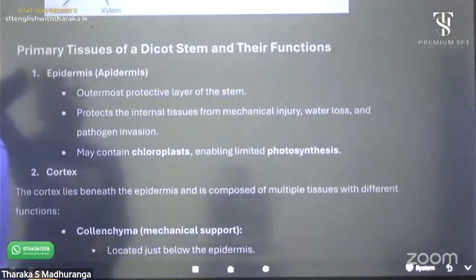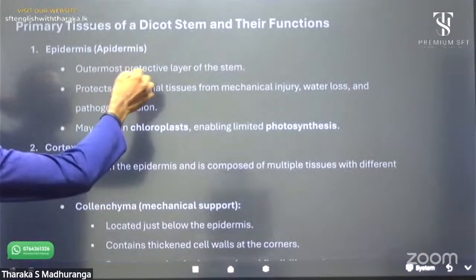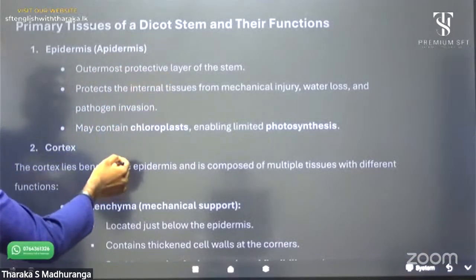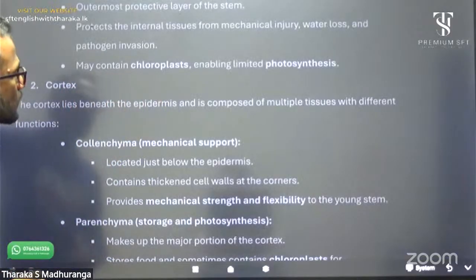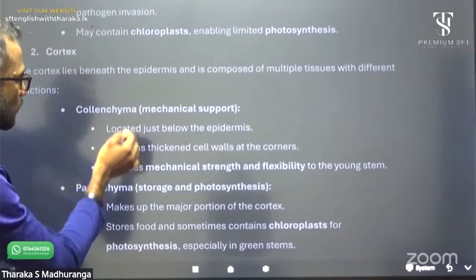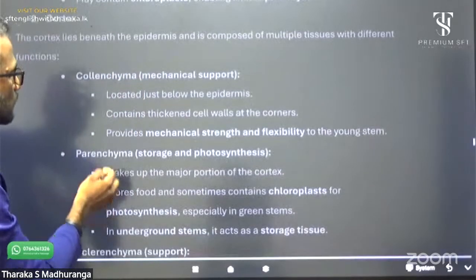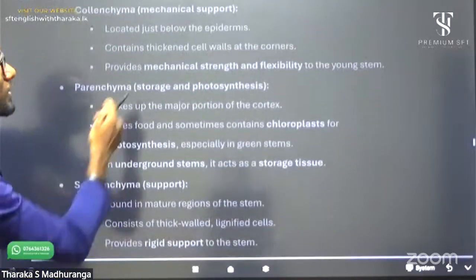Now, these are the primary functions. Epidermis is mainly for protection. Okay, no need to remember, you can understand, right? Cortex is mainly for photosynthesis. It contains collenchyma and parenchyma for photosynthesis and mechanical strength.